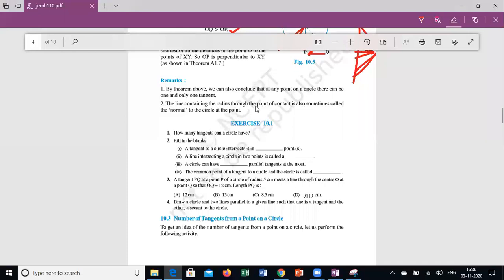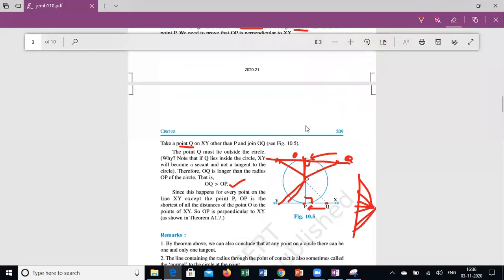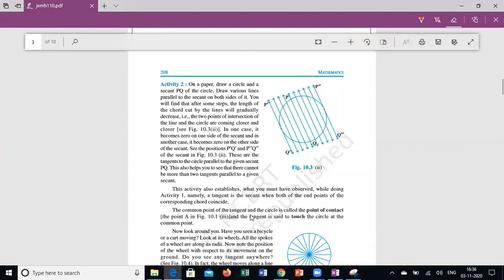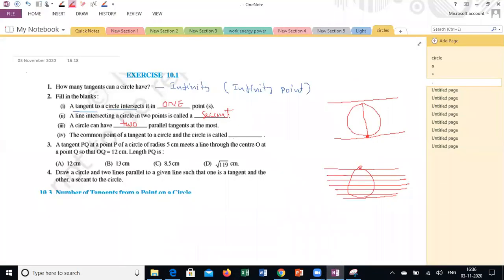The line containing the radius through the point of contact is also sometimes called the normal to the circle at that point. The common point of the tangent and the circle is called the point of contact, and the tangent is said to touch the circle at the common point. So the answer is point of contact.